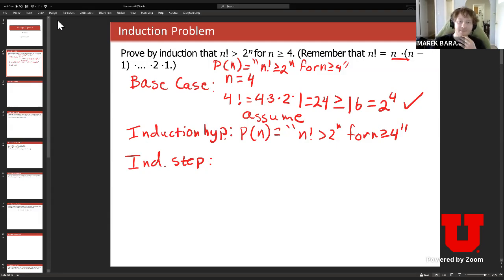So someone said if it's greater than or equals. In this case, it doesn't matter, but I'm going to erase it anyway.